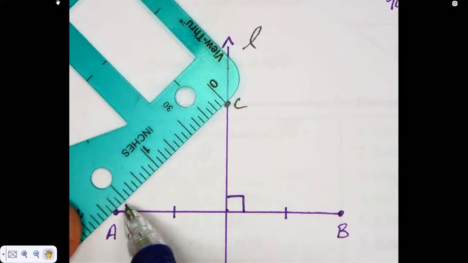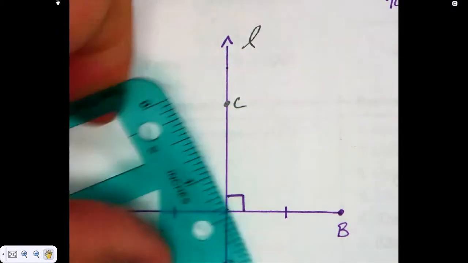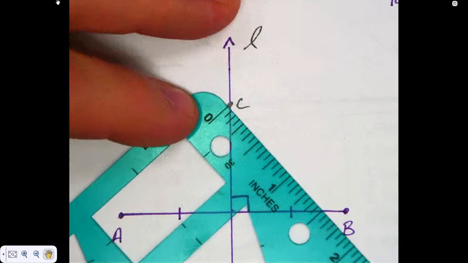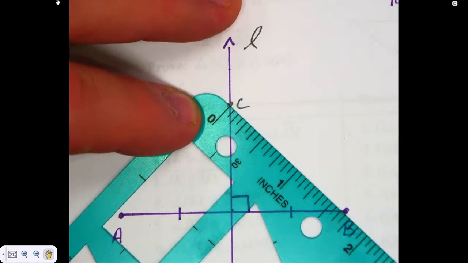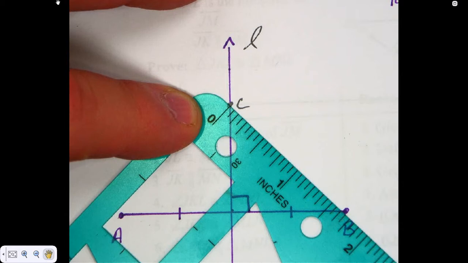So that would be 1.5, and then 2 marks, then a little bit past that, right? Okay, let's see what we get here. Exactly the same.